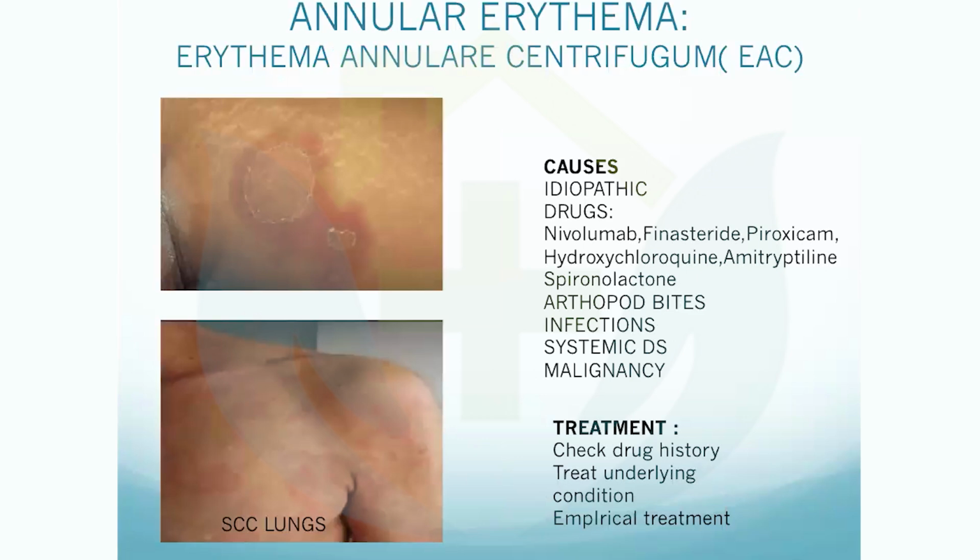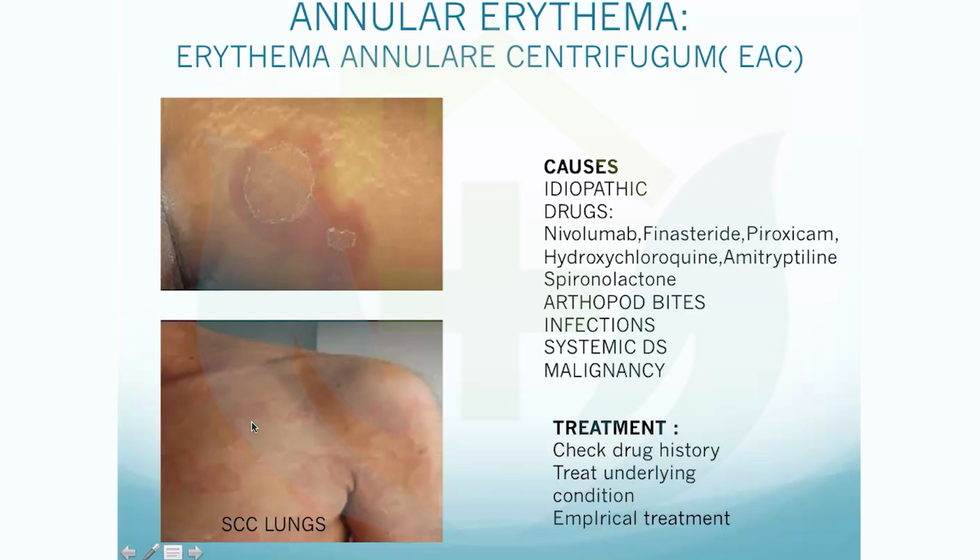Erythema annulare centrifugum can be idiopathic, but it can be drug induced as well. Arthropod bite, infection, systemic disease, and malignancy can be responsible. So it's important that you check the drug history and treat the underlying conditions. This is a patient with squamous cell carcinoma of the lung who was found to have these erythema annulare centrifugum lesions.